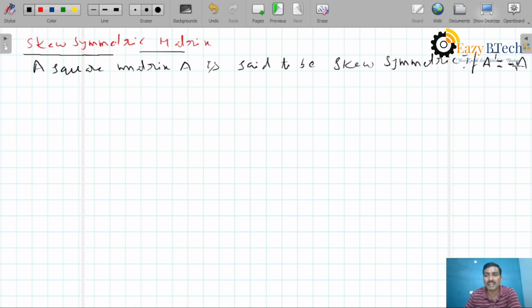Additive inverse of itself means minus into capital A, minus A. So this is called the additive inverse. So see an example here.